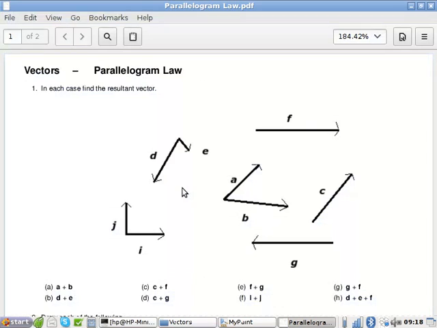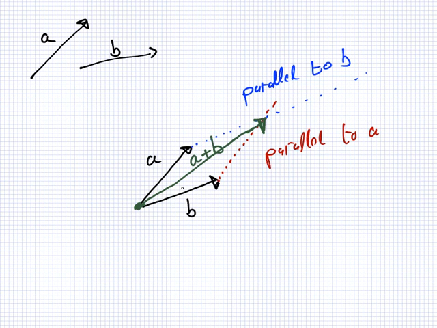How's my battery doing? Oh, it's okay. Got that yet?